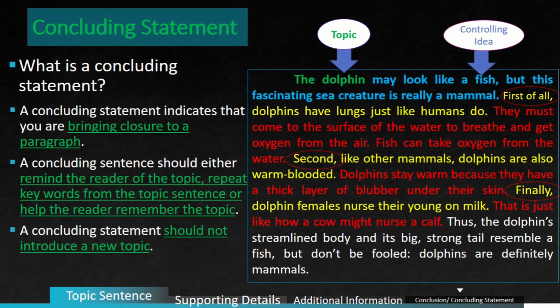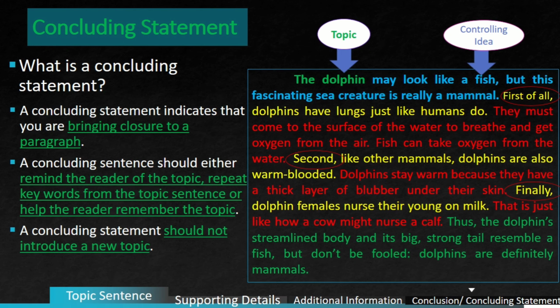In this paragraph, what do you think is our concluding statement? Clearly, our concluding statement here is, thus, the dolphin's streamlined body and its big, strong tail resemble a fish, but don't be fooled. Dolphins are definitely mammals.